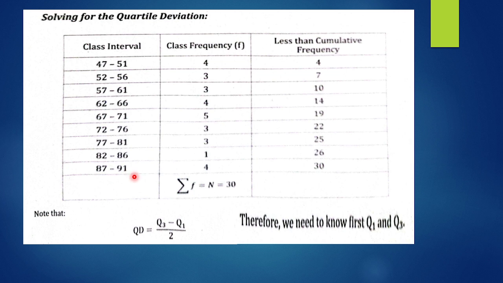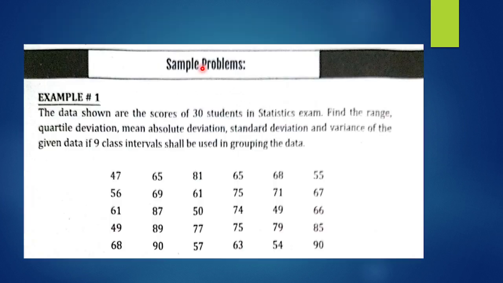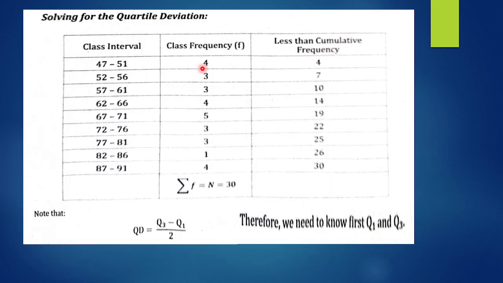Now let's proceed with the continuation of putting it in the table. For the class frequency, we already know what that is, you just count, right? You can do a tally first so you don't get confused. Then after getting the class frequencies, you proceed to the summation of f, or the total number of frequencies, or the total population if we're dealing with population size. This is 30.